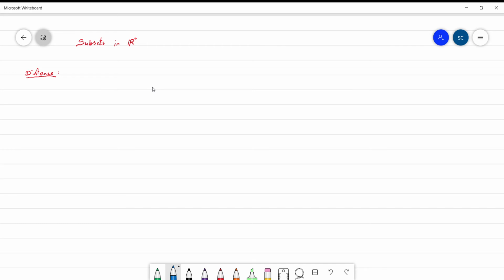If you have 2 points in Rn, let's call them capital X, x1, and so on. In Rn, as in R2, we locate points with coordinates.